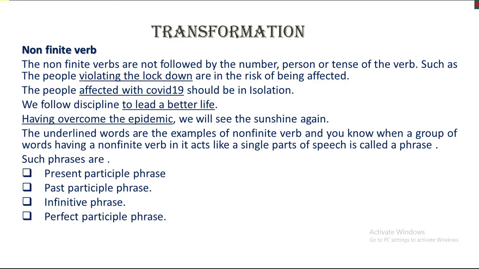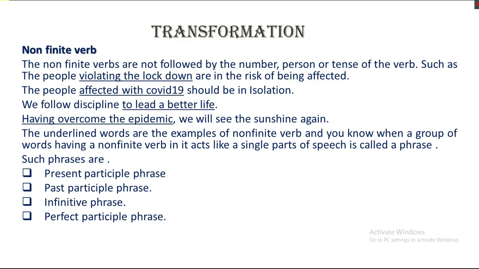In the following examples, the people violating the lockdown are at risk of being affected. The people affected with COVID-19 should be in isolation. We follow discipline to lead a better life. Having overcome the epidemic, we will see the sunshine again.